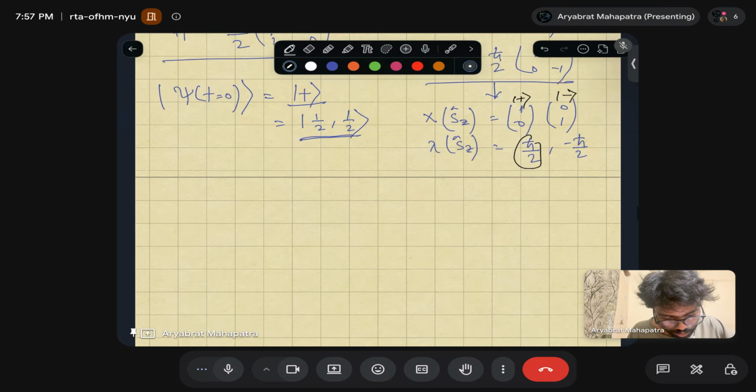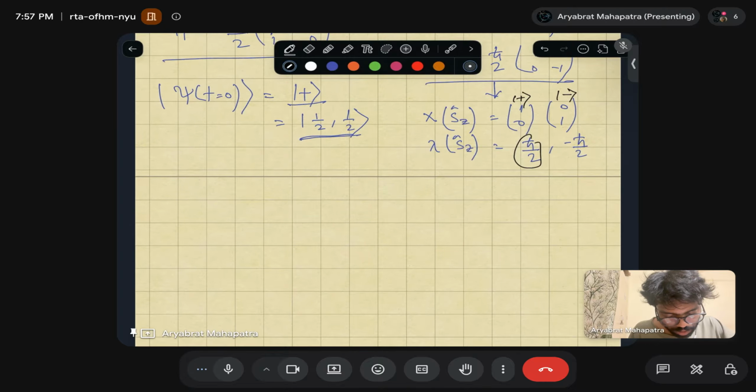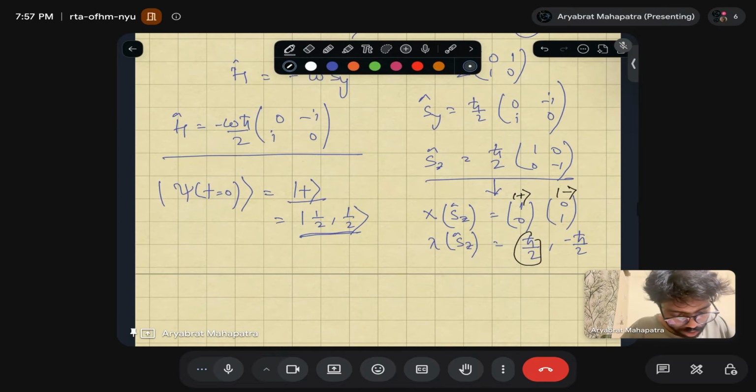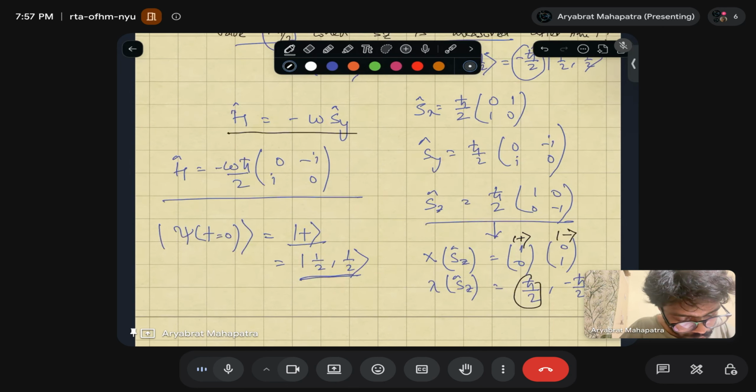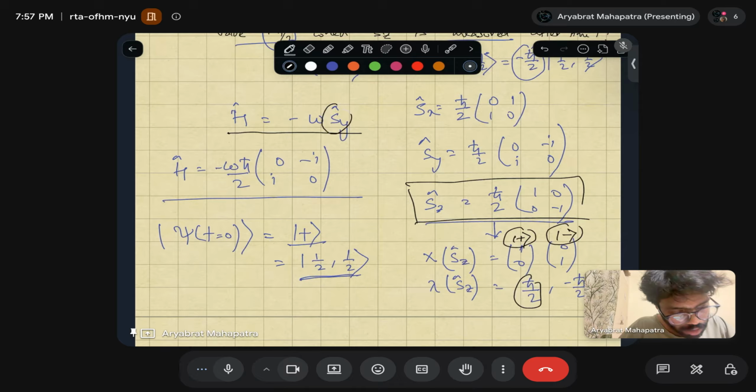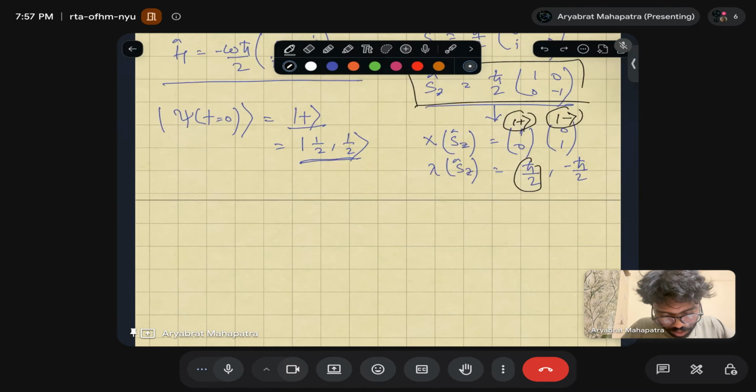But if you see in the question, the Hamiltonian was given in terms of minus omega Sy. So if you see, the plus or the minus eigenstates are only the eigenstates of Sz, so they are not the eigenstates of Sy. So let's first write the eigenstates of Sy.